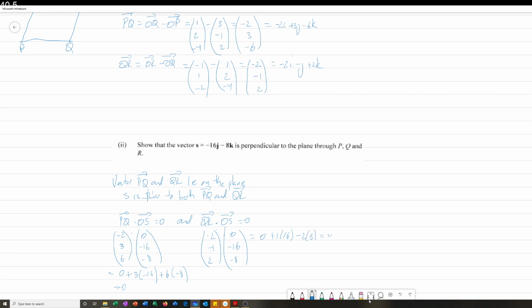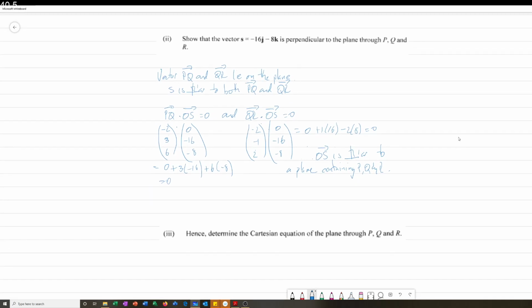Of course this is 0. Alright, so we could say therefore OS is perpendicular to a plane containing P, Q and R. Right, so that wasn't too bad. So let's move on.